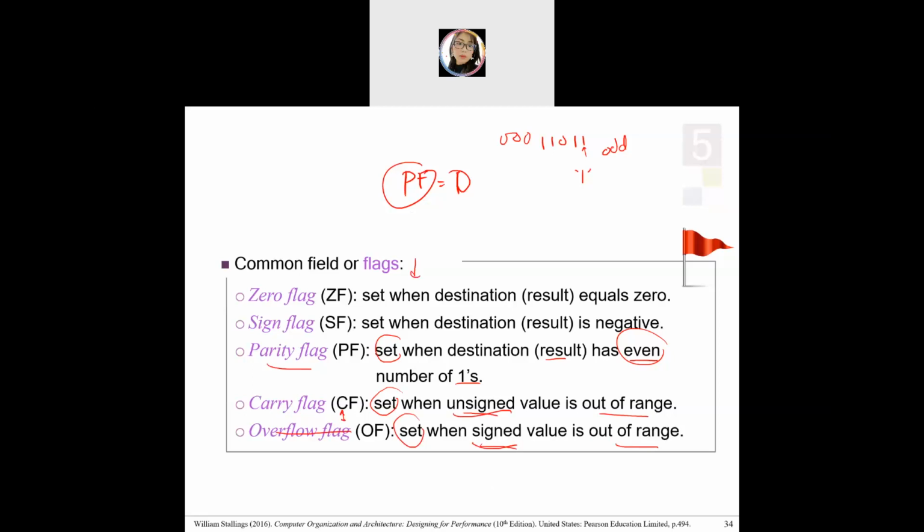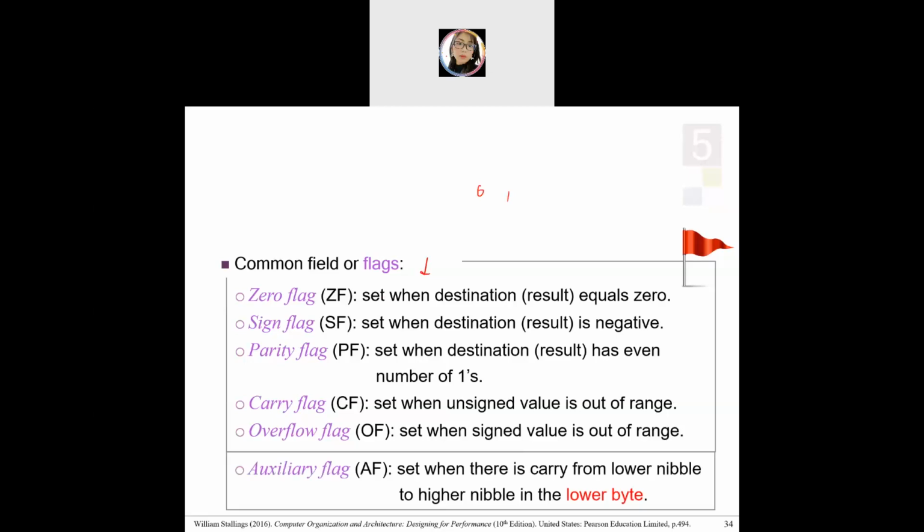Then you can refer back to your output. What is the function of each? You can see 0101 at your flag. So now you understand how to check the flag. And lastly, you have the auxiliary flag, AF. It equals 1 when there is a carry from the lower nibble to the higher nibble in the lower byte.